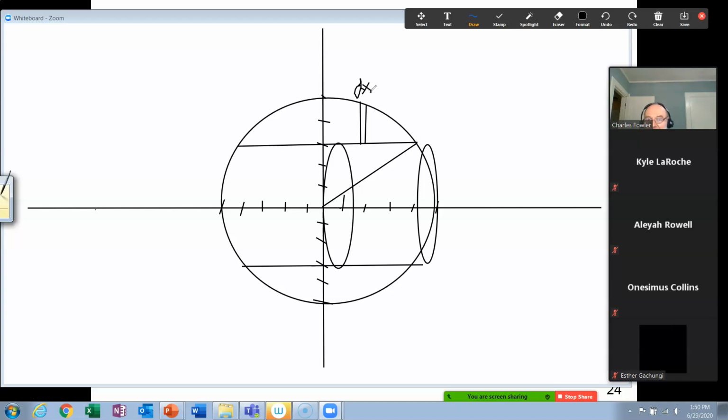The height is going to be the y value of the outer circle minus the y of the inner circle. The y of the outer circle is going to be a circle of radius 5. The radius of the inner circle is going to be 3, because this was 3 here.